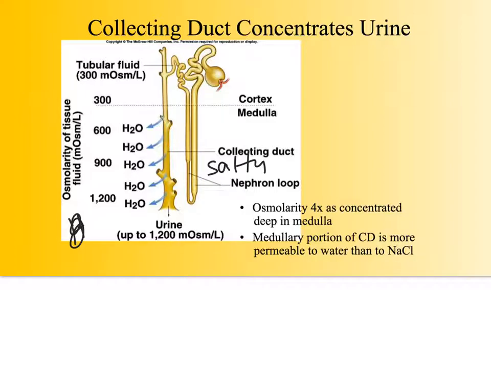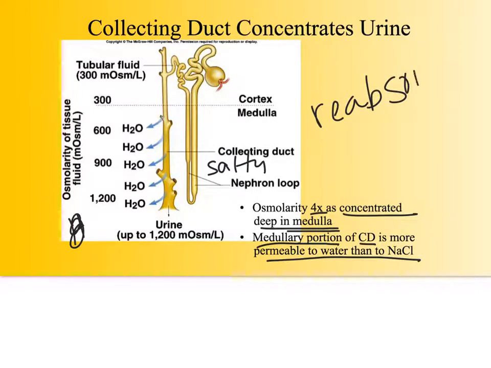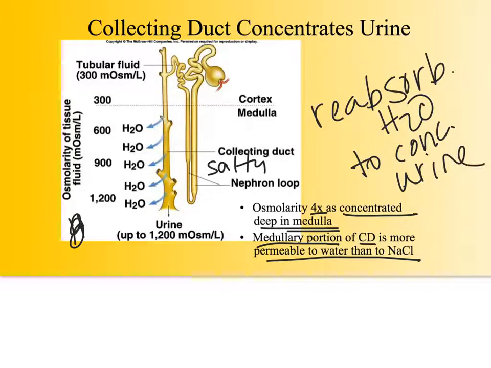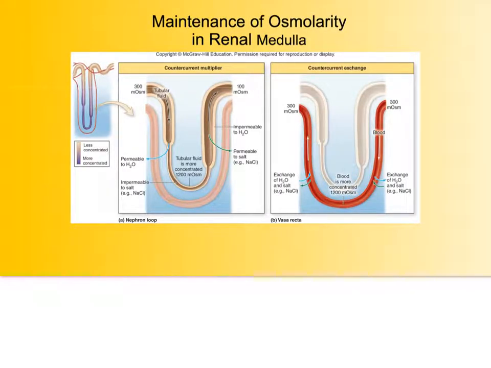Osmolarity gets more concentrated, 4 times as concentrated deep in the medulla. So you get more salt the further in you go. The medulla part of the collecting duct is more permeable to water than to sodium chloride. So the collecting duct is reabsorbing water to concentrate our urine.